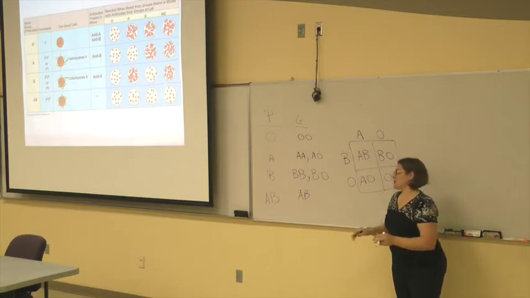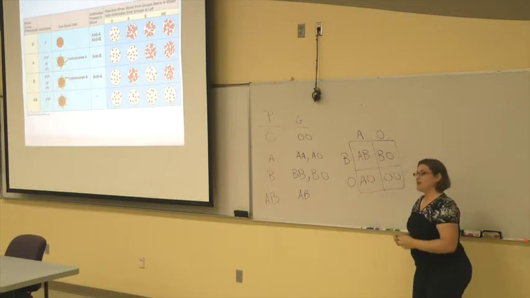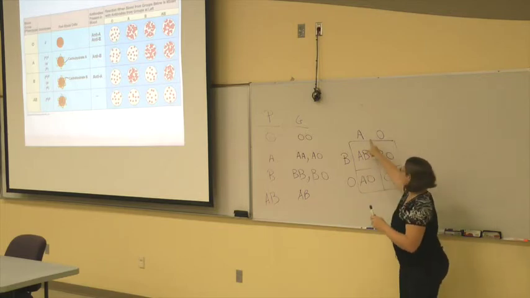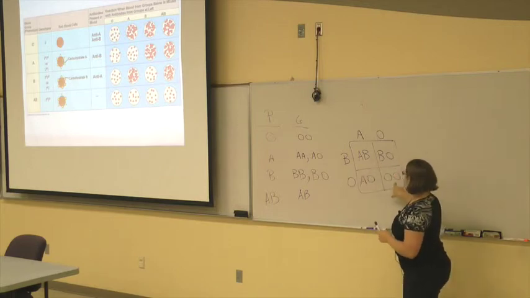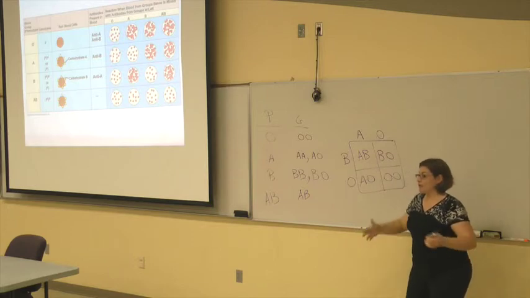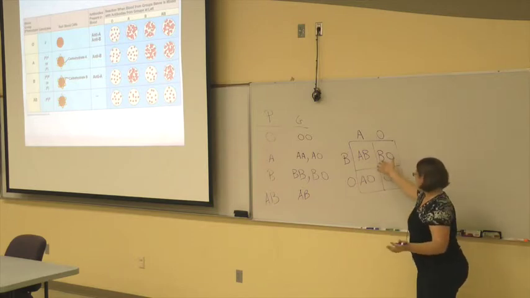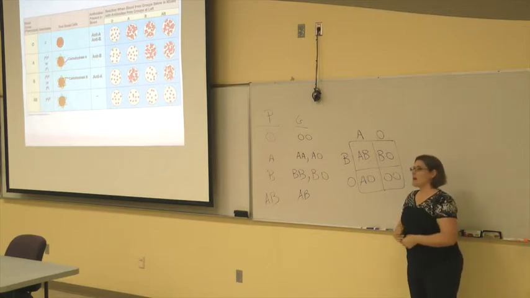Of course, I don't know for sure, but this is how it's possible. I said, well, probably your mom is heterozygous for A, your dad's heterozygous for B. There you are. There's your sister. It's possible. I don't know for sure, but yeah, it's possible. 25% chance of any of those blood types popping up in that generation.